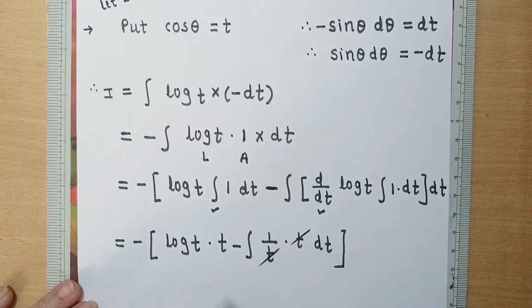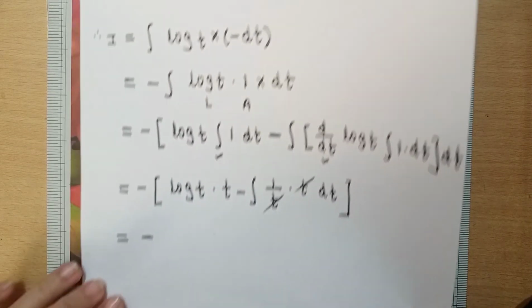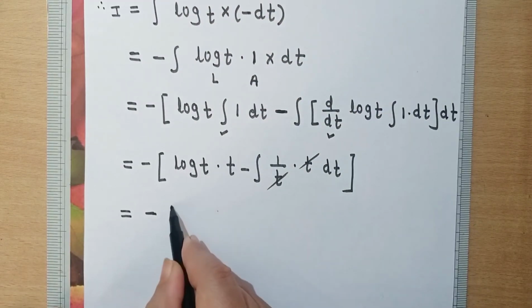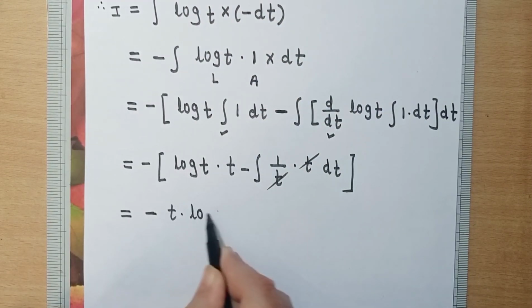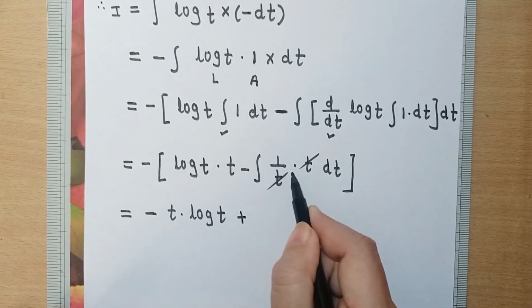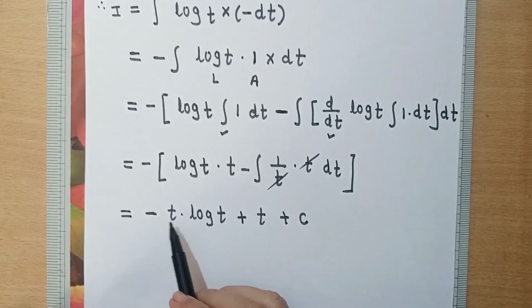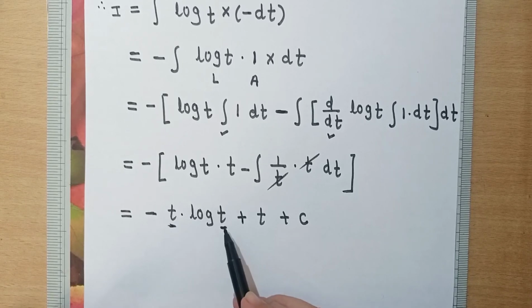So this t gets cancelled, and so again we will apply minus sign into both these terms. So here t log of t, and again minus minus plus, integration of 1 means simply t, and c. This is actually our final answer, but again we will substitute what is t.